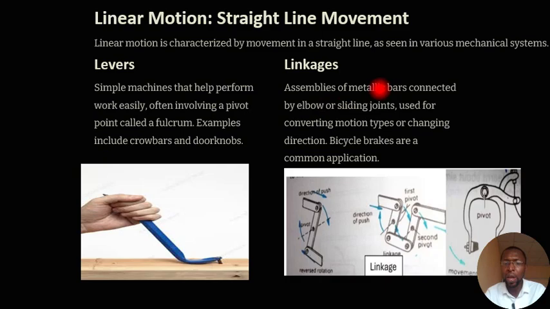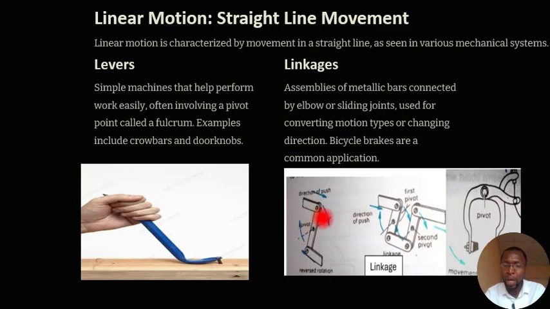Another example of linear motion is the use of linkage device. The linkage device is just assemblies of metallic bars connected by elbow or sliding joints. As you could see here, when you have different bars that are joined together at different ends, then the whole connection is called linkage.